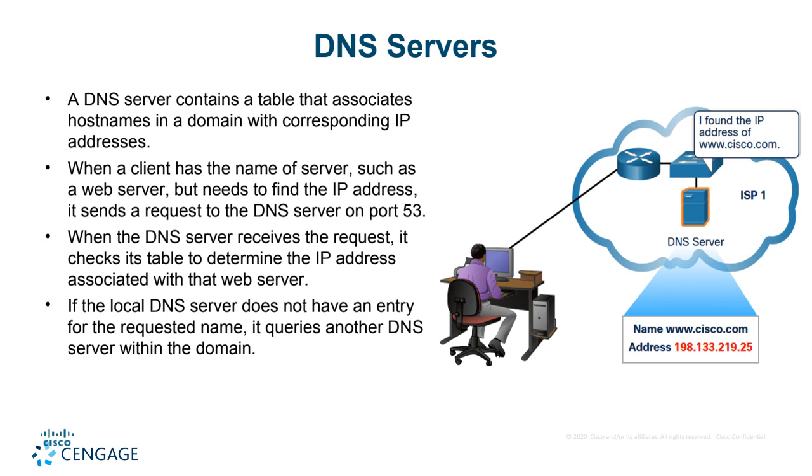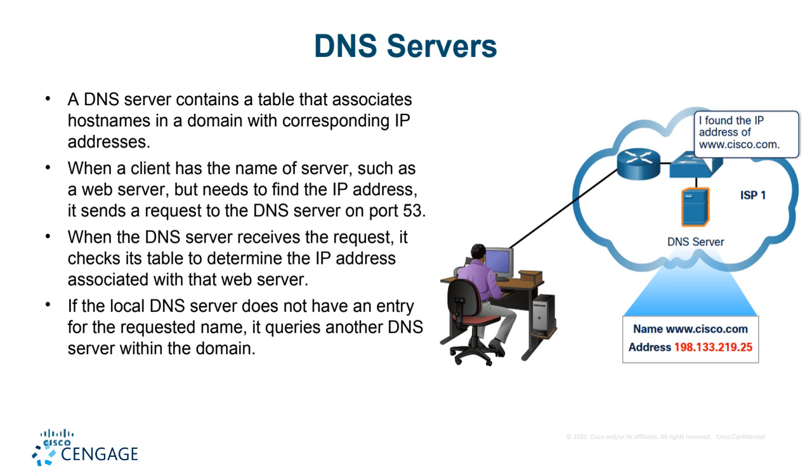So if you want to find the IP address, the client DNS will send a request to the server on port 53. When the DNS server receives the request, it checks its table to determine the IP address associated with that web server. If the DNS does not have it, it queries another DNS.